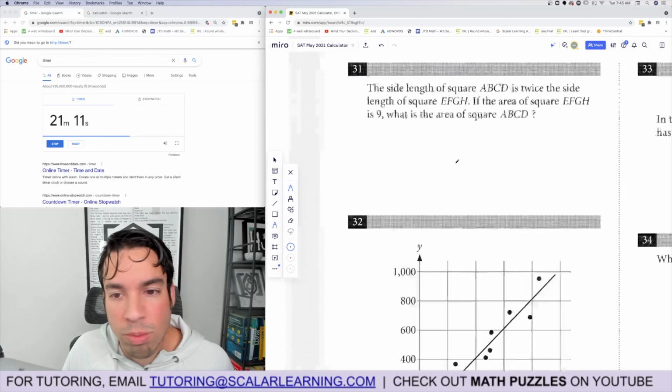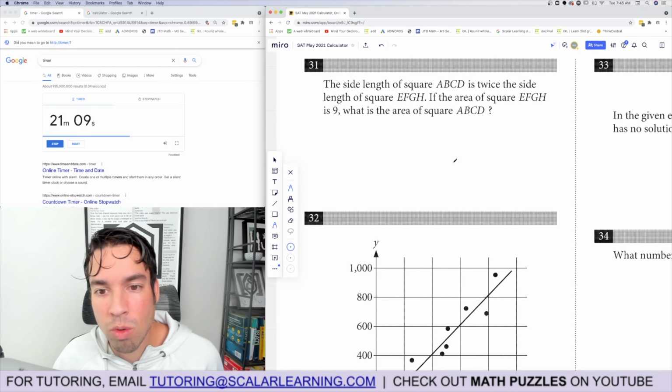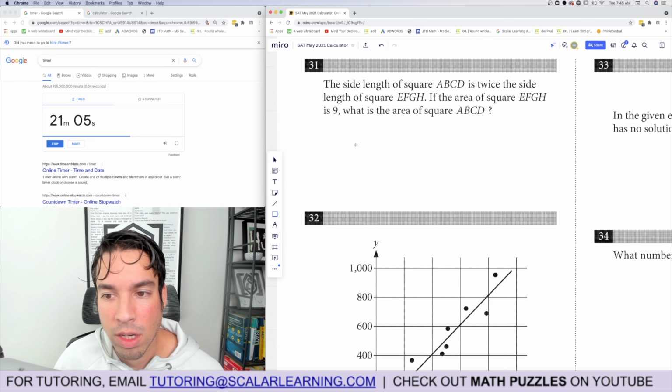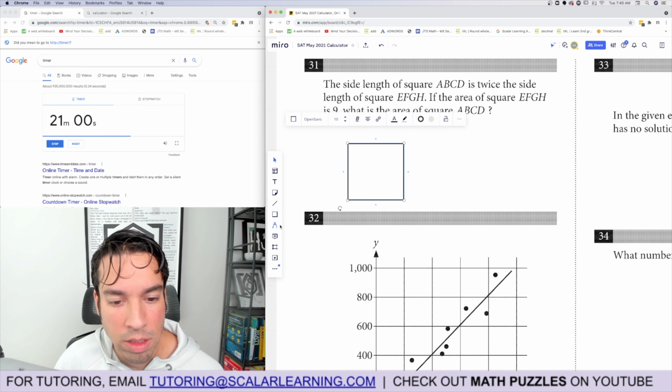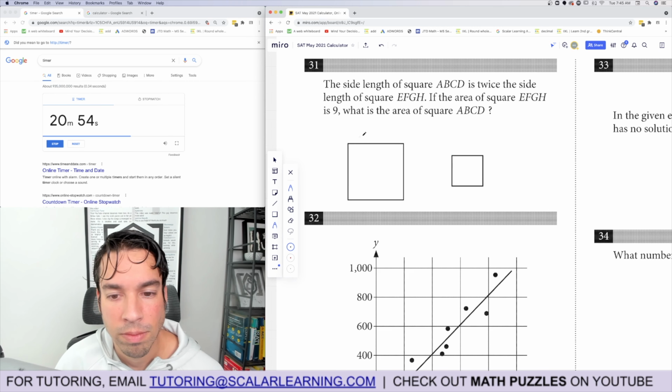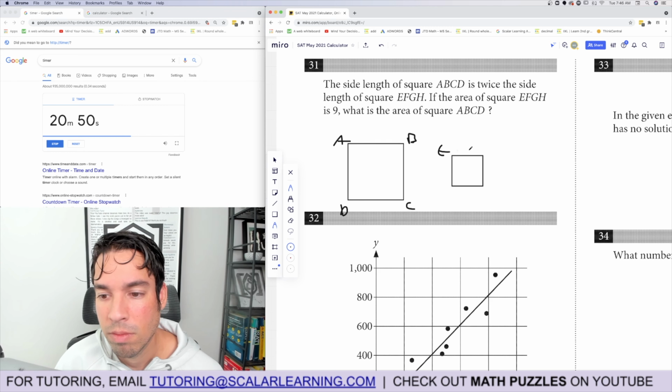Okay, free response. We're doing pretty good with 20 minutes to spare. Let's go. The side length of square ABCD is twice the side length of EFGH.